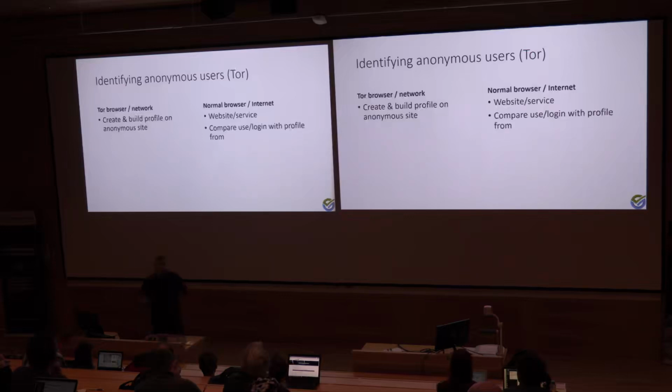Now, if you're a bad guy and you don't want anyone to be able to recognize you, track you using Tor, suddenly this could be a potential way of being able to identify people.